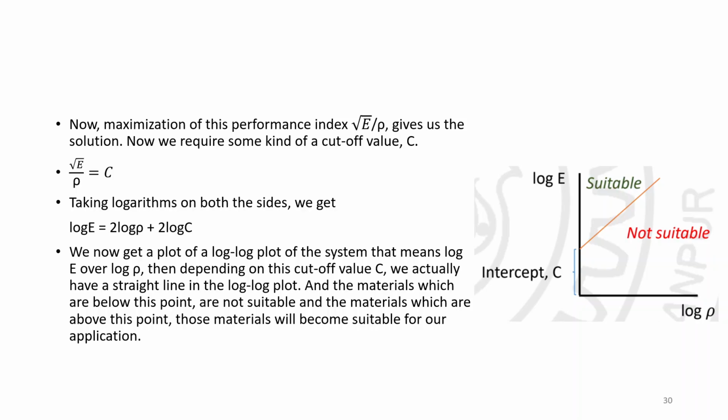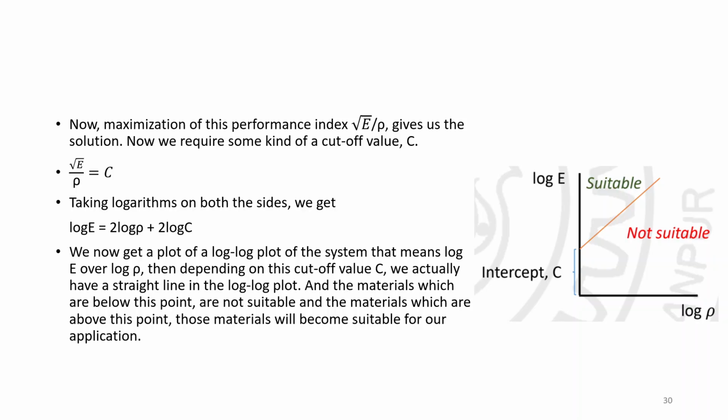Taking logarithm on both sides, we get log E equals 2 log rho plus 2 log C. Now we get a log plot of the system, which means log E over log rho. Then depending on this cutoff value C, we have a straight line in the log plot.